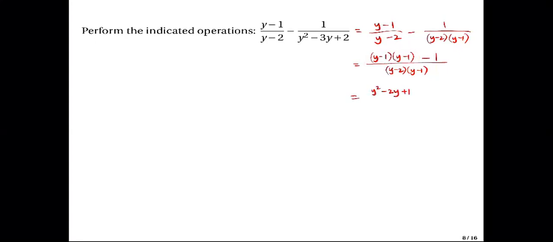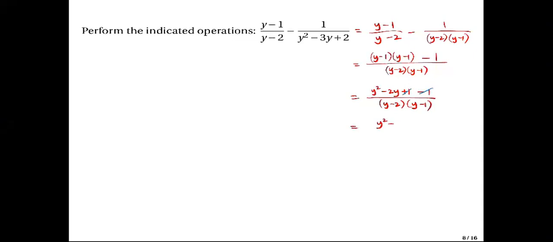And then we have minus 1 in here, and then we have here y minus 2, y minus 1 in the denominator. Okay. So this minus 1 and plus 1, they will just cancel each other. So what's left in the numerator?